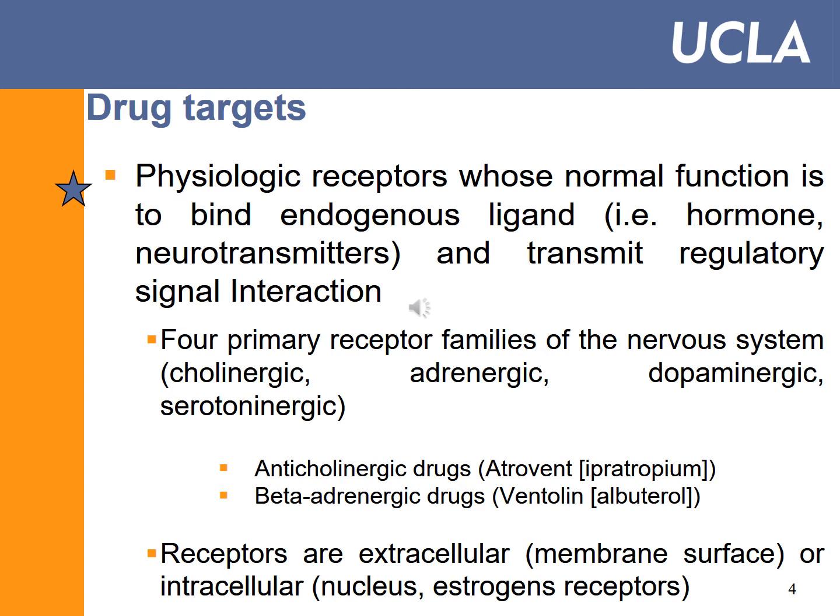The beta adrenergic drug will do the same thing by binding a different type of receptor, called beta adrenergic receptors, and prevent the action of norepinephrine on those receptors, and also cause bronchorelaxation. We'll talk about this in detail when we come to the autonomic nervous system lecture, so don't worry for now. It's just to give you an explanation of how those drug targets work.